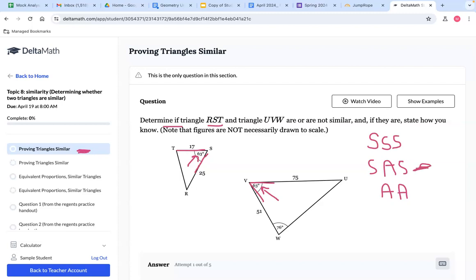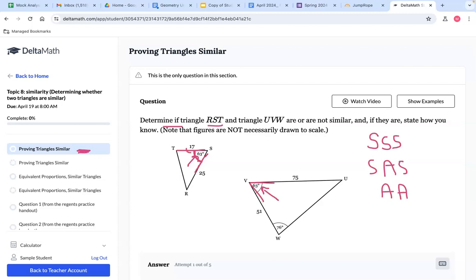It's not side side side because we don't know this side in this triangle, nor this side in the other. It is not angle angle because we don't know more than two angles in both triangles. We only know this angle in this triangle, and we don't know another angle in that triangle, so it can't be angle angle. So we have to see if it's side angle side.